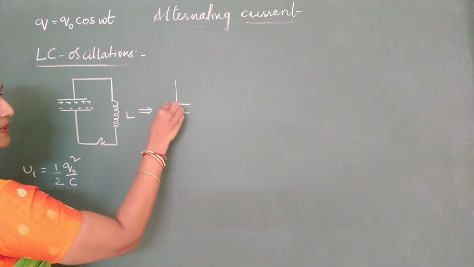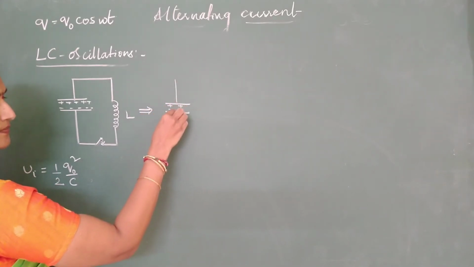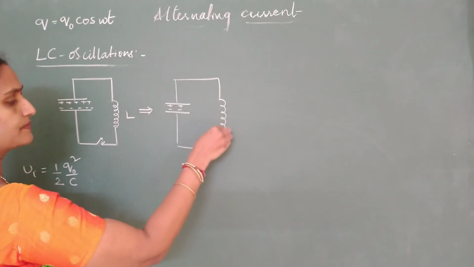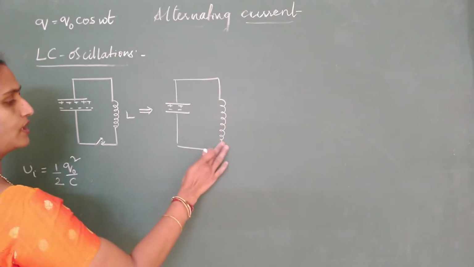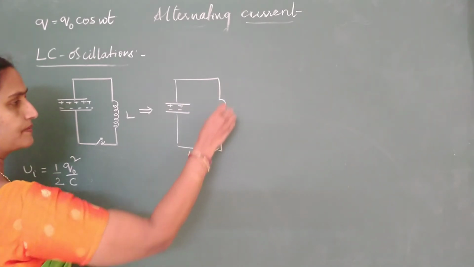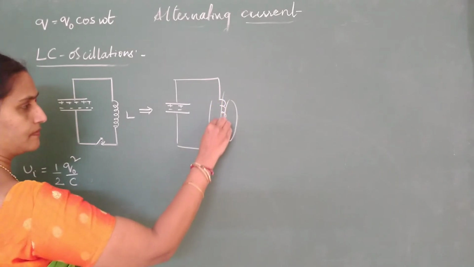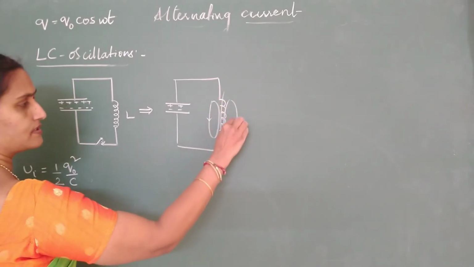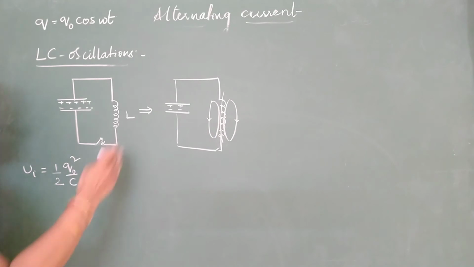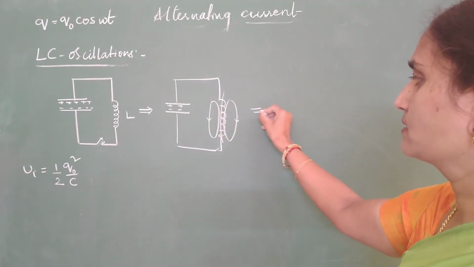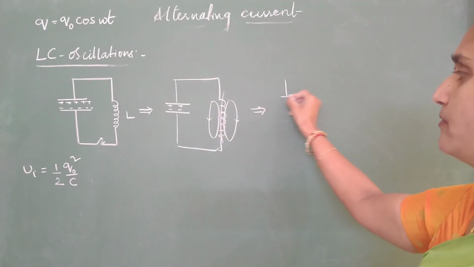Charge on the plates of capacitor will decrease, whereas flux across inductor will increase. If you draw the magnetic field lines for this inductor, flux is increasing with time. So after a certain interval of time, capacitor is completely discharging. So capacitor is discharging, inductor is storing the energy in the form of magnetic field.